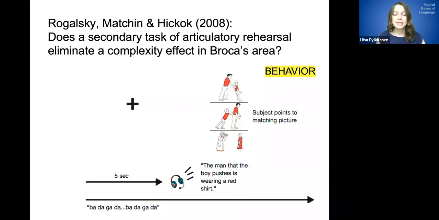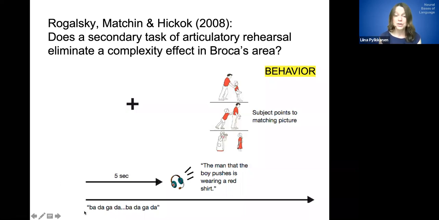And crucially, the second task is a production task. The reason that is interesting is because the hypothesis that I just articulated for you says that in order to understand a sentence like this, you basically have to subvocally articulate the man as you're processing the phrase that the boy pushes, in order to be able to integrate it into this position. That's the hypothesis.